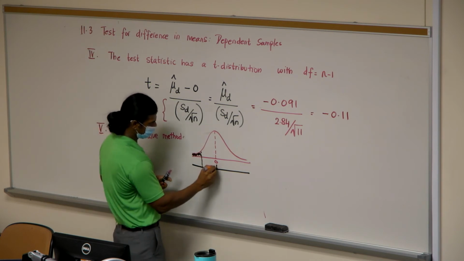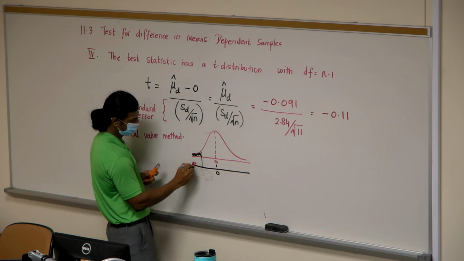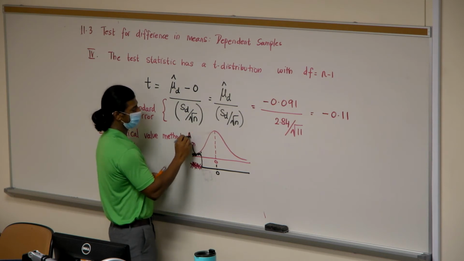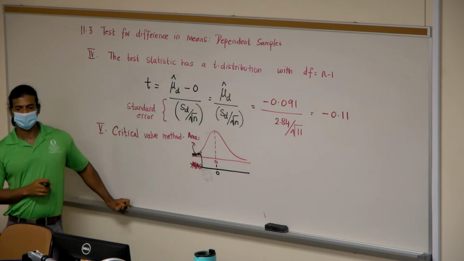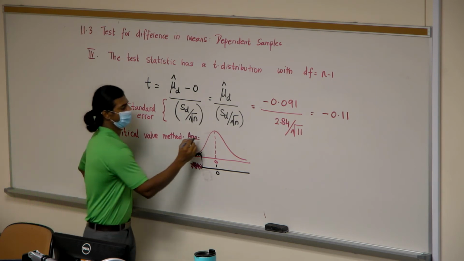So on the real number line, the rejection region is right here. And what is the area that we would use to find the critical value? It has to equal alpha that we set, which is 0.05.